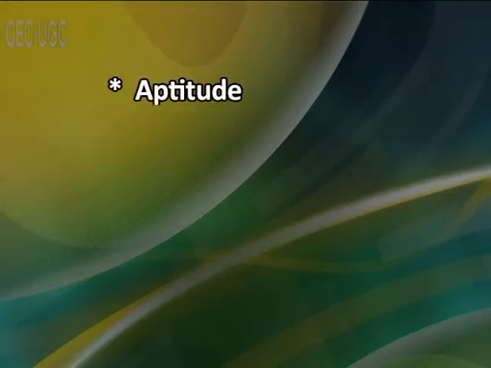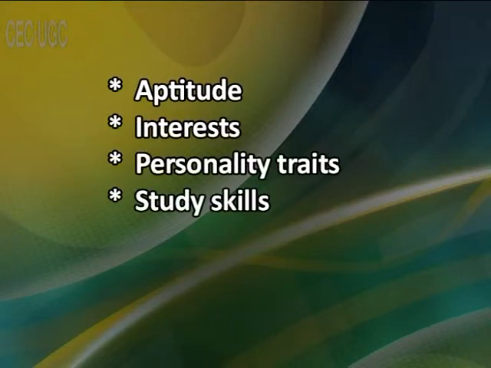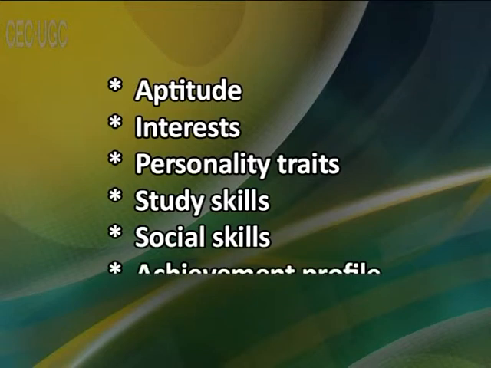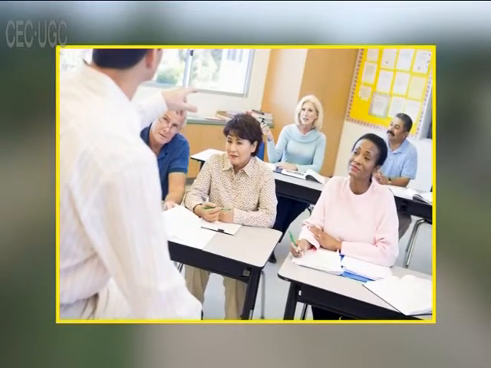The student's aptitude, interests, personality traits, study skills, social skills, and achievement profile are assessed with a view to enabling him to make an optimum vocational, informational, and social adjustment. Through the process of counseling, information about the individual and about his environment is organized and reviewed to enable him to reach workable solutions to a variety of adjustment problems.